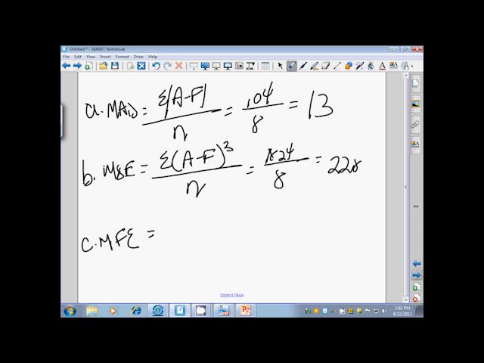Our mean forecast error is actually the running sum of the forecast error divided by n, and the running sum is actually nothing more than the actual minus the forecasted in each week and summed up, divided by n. Our n of 8 has not changed, but this time we're actually keeping the sign on.